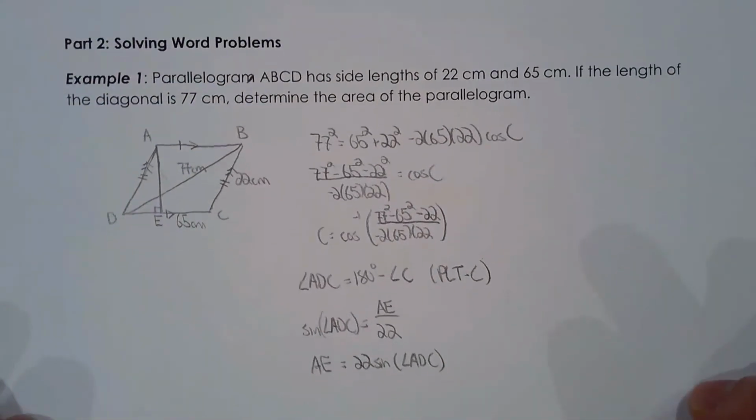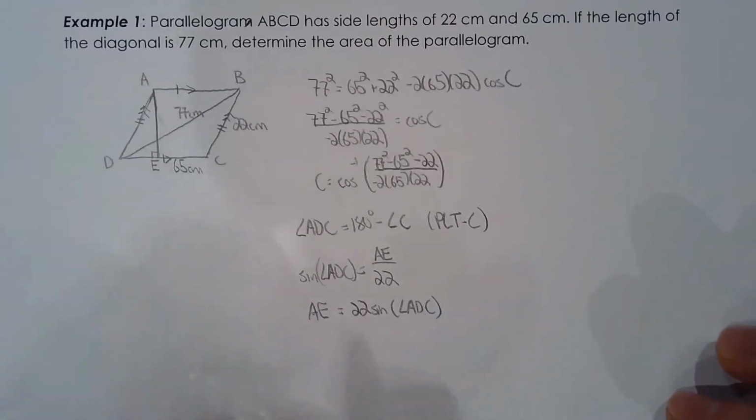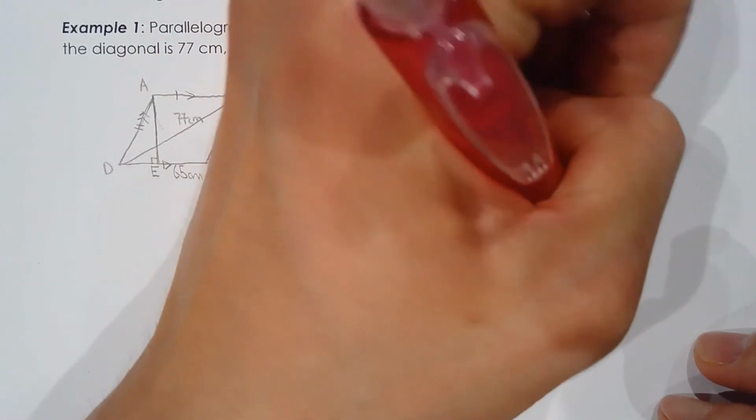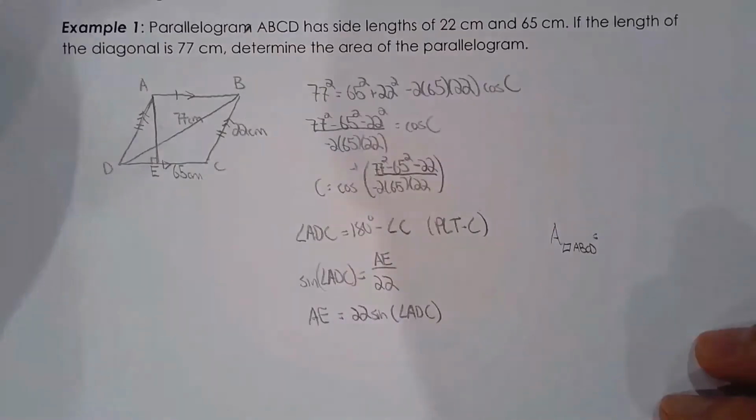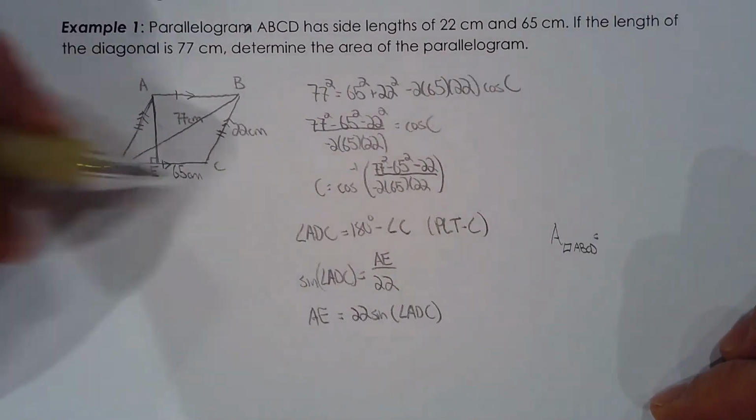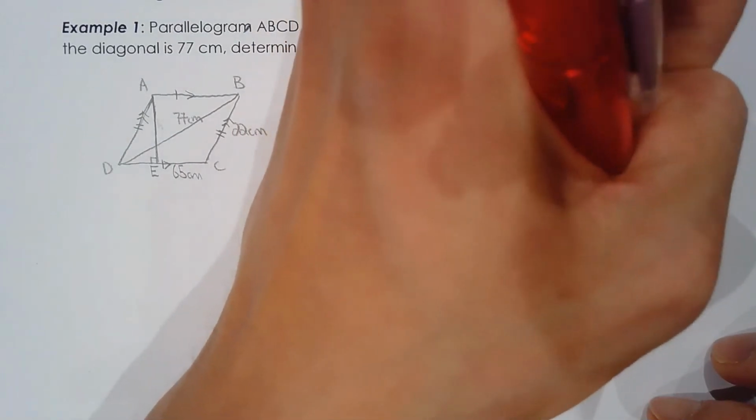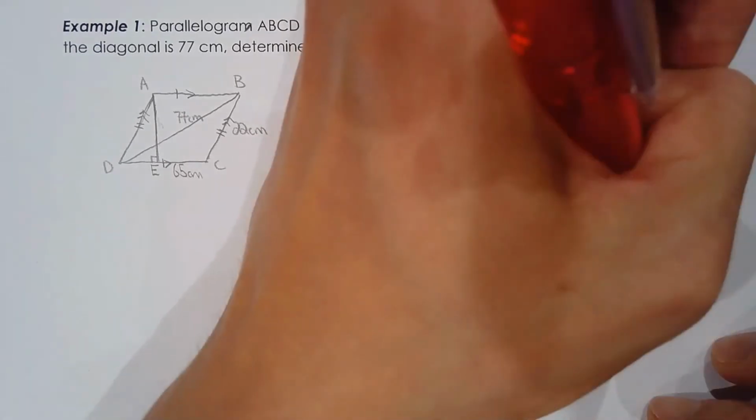All right, we're super close. We have AE, so the area of the parallelogram ABCD is equal to AE times DC, base times height. So you can say AE times DC.